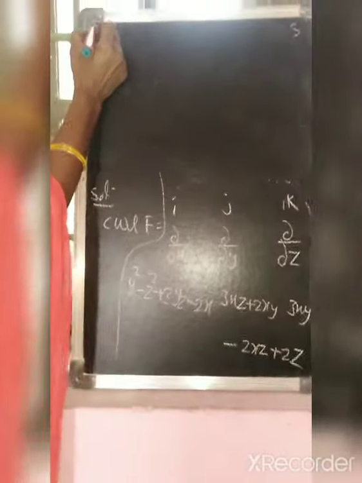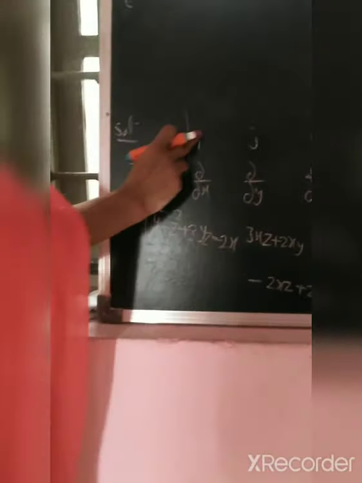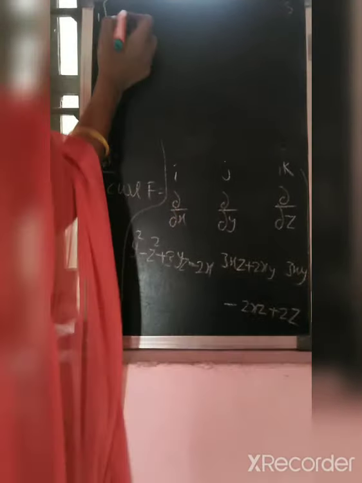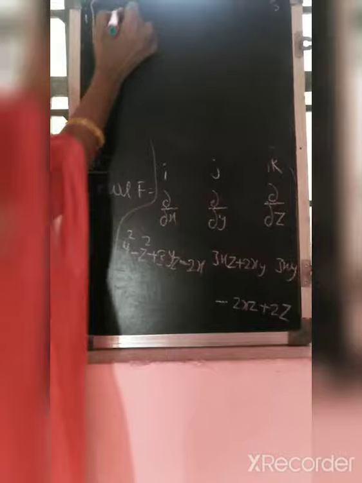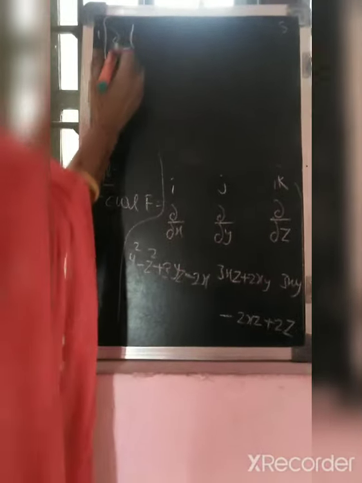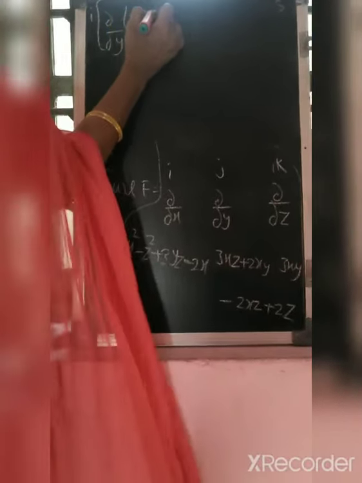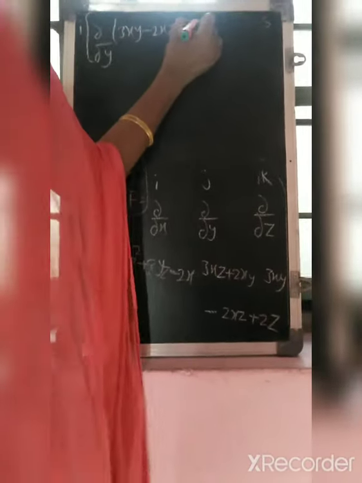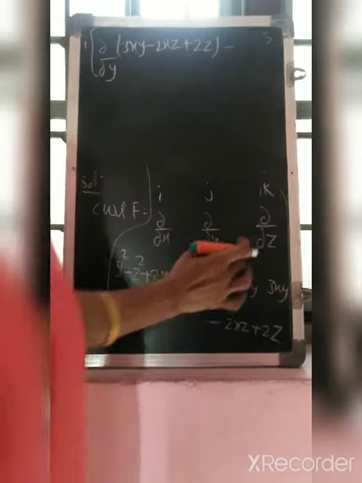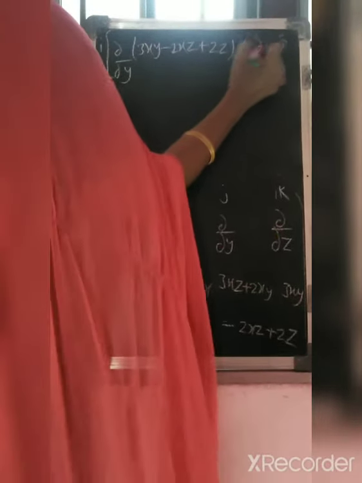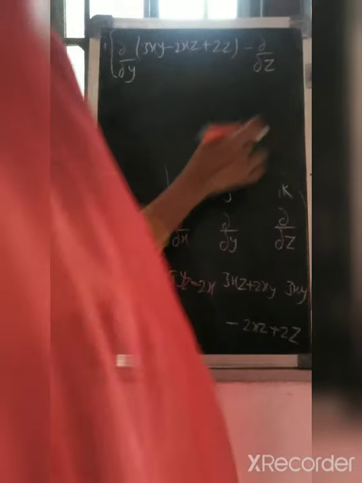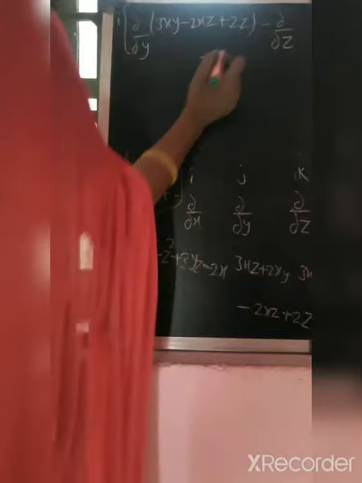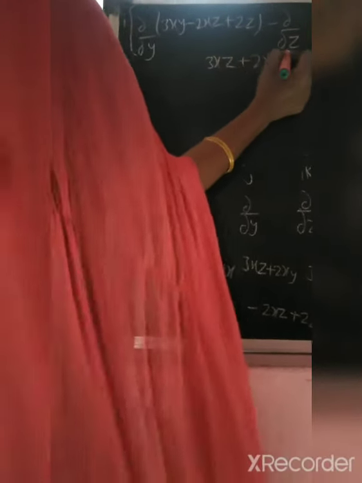So i into dou by dou y of (3xy minus 2xz plus 2z) minus dou by dou z of (3xz plus 2xy). This is one term.